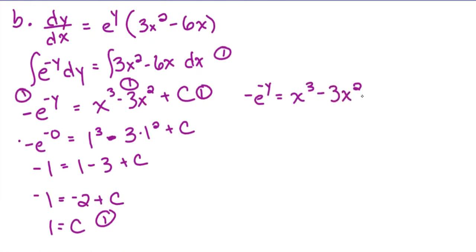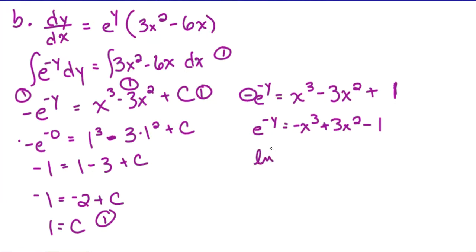So let's go back up here, plug in our c, and then we've got to solve for y. So step 1, we need to get rid of this negative. So we got to change all the signs. e to the negative y is equal to negative x cubed plus 3x squared minus 1. And then it's in an exponential, so to get it out of the exponential, we put it in log form.